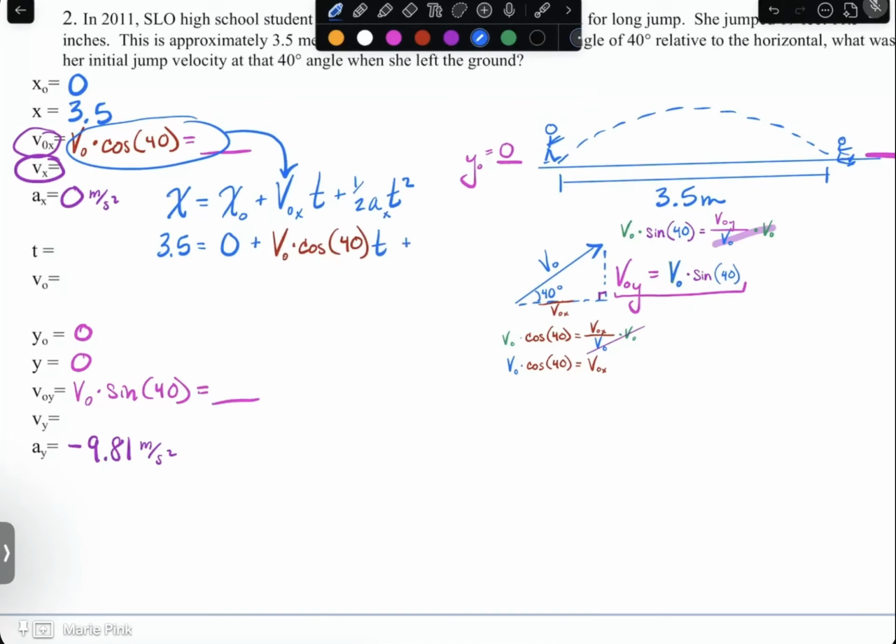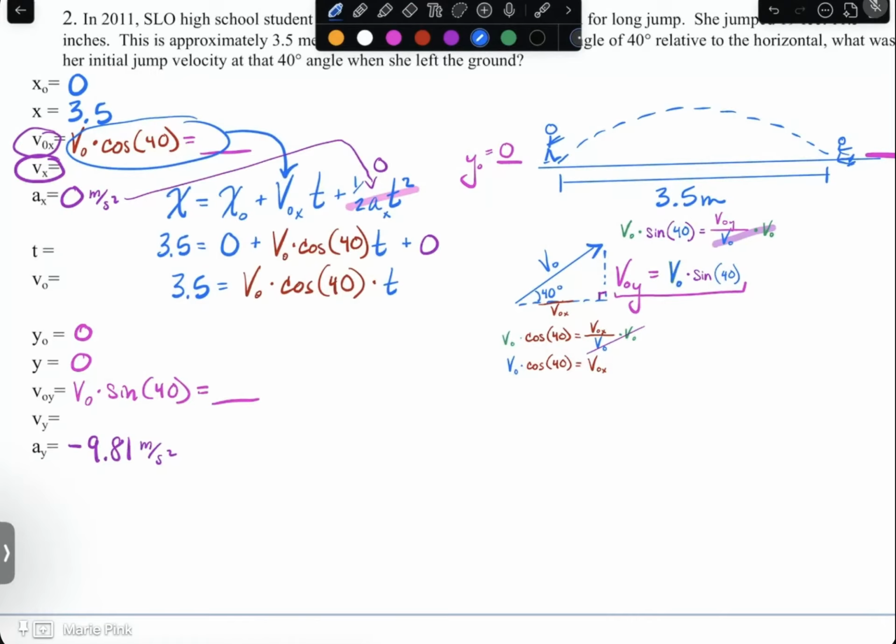And my acceleration in the x direction is 0, so 1/2 times 0 times t squared, this whole thing becomes 0. And so I end up with 3.5 is equal to v naught times cosine of 40 times time. So now I have an equation, but I have two unknowns.